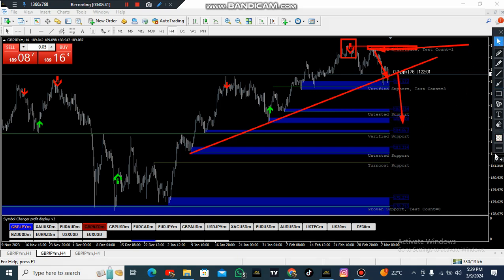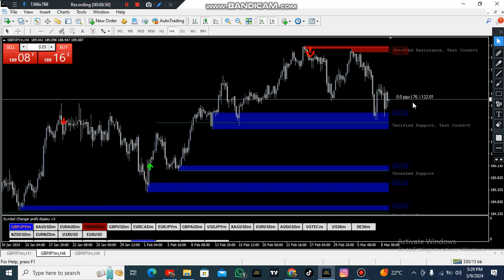Now let us go to H1 using the system so that we see how the system works. Because can you see H4 gave us a signal here, but when the market reversed and retested and continued down, we did not have any signal, so you would not know what happened.